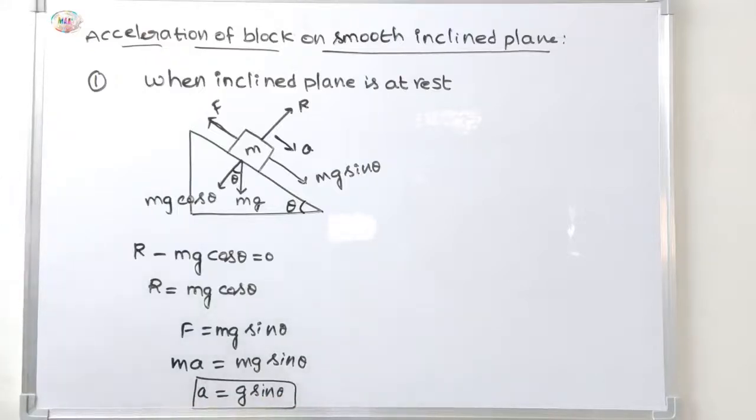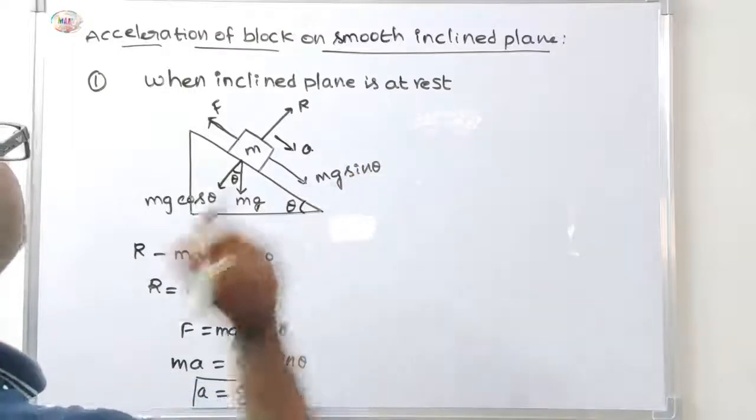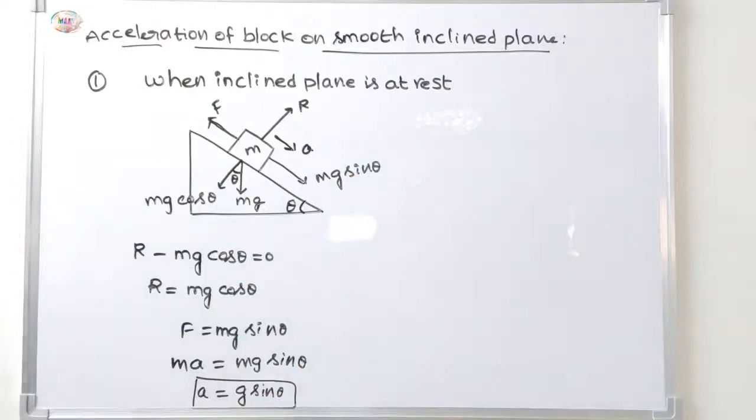This is the first case, when the inclined plane is at rest: a is equal to g sin theta. The second application is when the inclined plane is given a horizontal acceleration b.